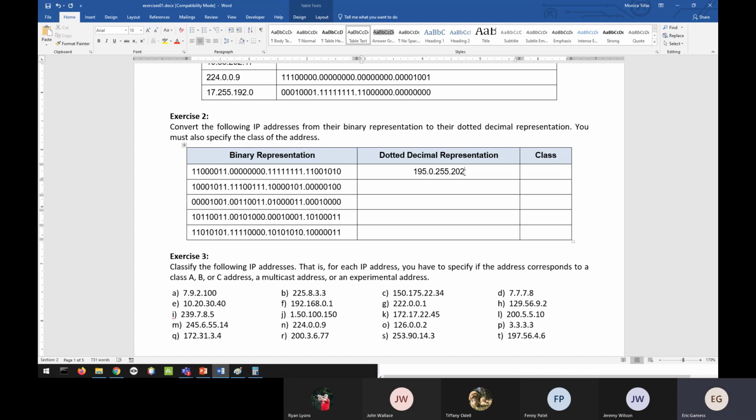Okay, look at what they ask now. They ask to specify the class of the IP address. So what class is this IP address? Class C. Correct, class C. Why? Correct, very good.